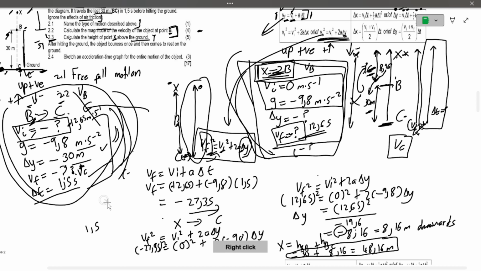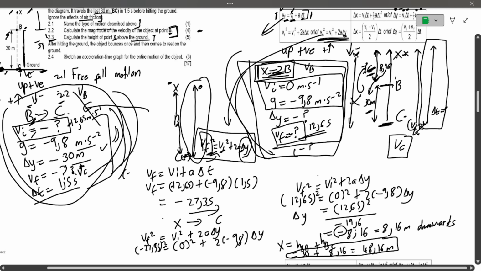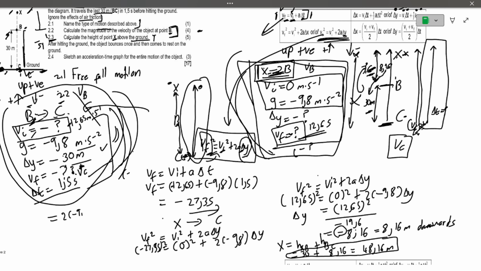Let me just write this side, and then after that we make change in y the subject of the formula. You're going to have 2 into negative 9.8 times change in y equals negative 27.35 all squared.